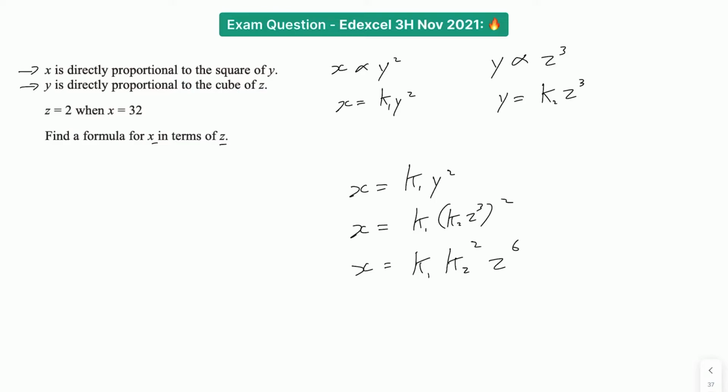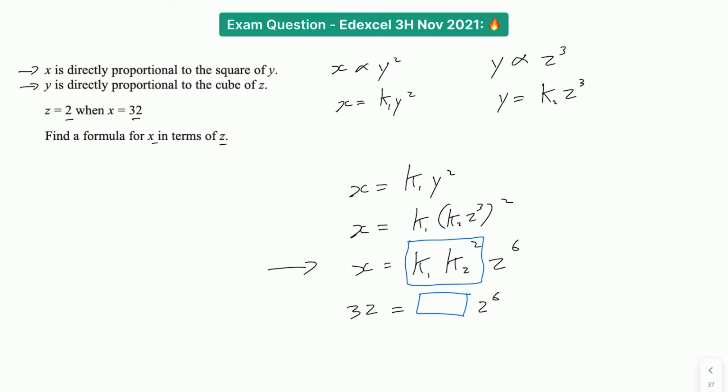Now, these two are both constants. So if I just put a little border around that, these two are just constants. And now if you look at the question, what have they told us? z and x. Now if I substitute z and x into this equation, I have 32 is equal to some constant, I'm just going to draw the box, some constant k, and then z to the power of 6. So that's going to be 2 to the power of 6.